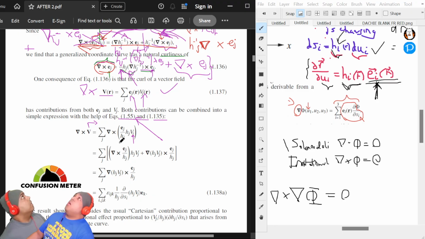This cross EJ, HJ, HJ. Why are these HJs here? Why is this VI? What? It should be VJ. This EJ, VJ is VJ. I think it's a typo because down here there's only VJs. It has to be a typo. Copium, it's a typo.